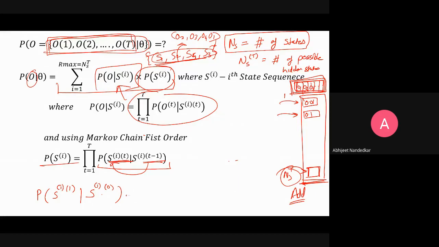This will be multiplied by the probability of the ith sequence at the second time step given Si at the first time step. Like that we will keep on multiplying till you reach the last time step.